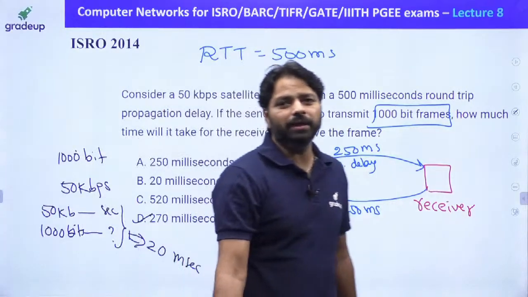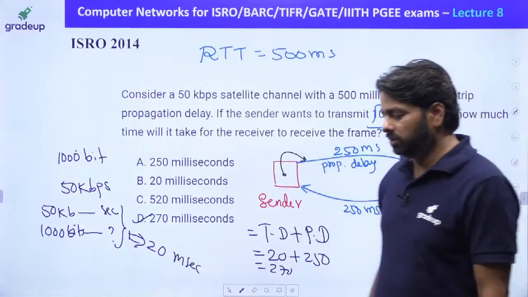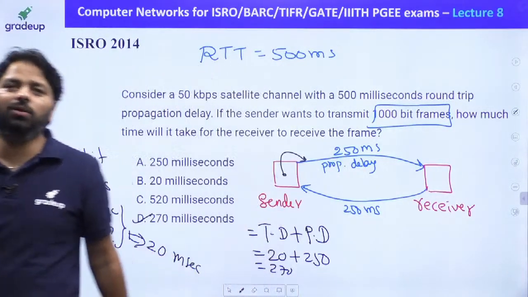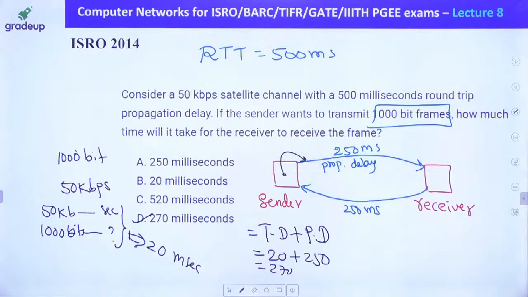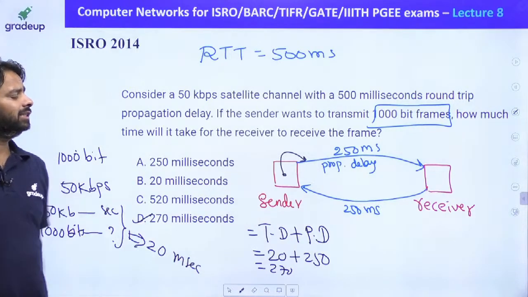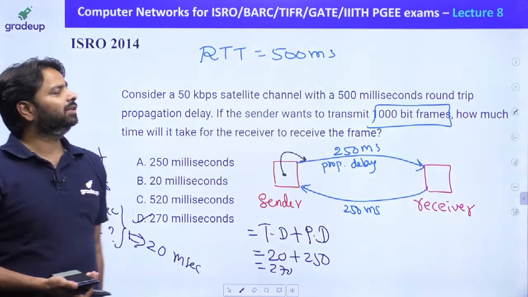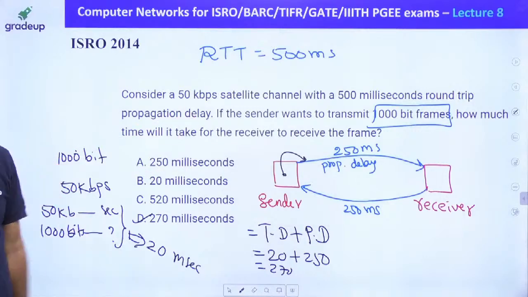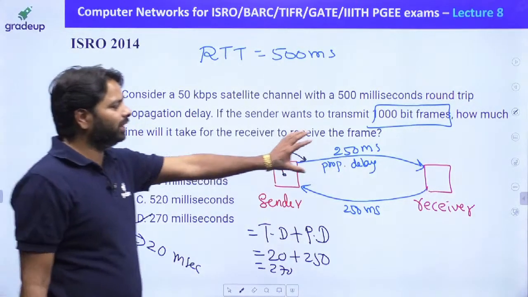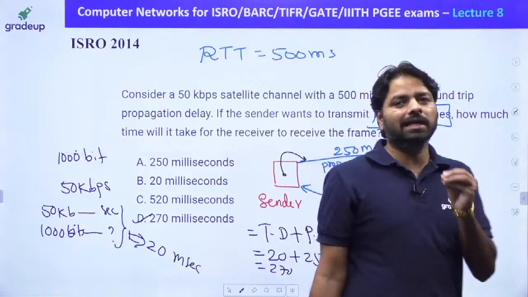What is 2 TP? Shanta, yeah, 2 propagation time, exactly, round trip time equal to that. So you need to calculate just transmission time, propagation delay already given. It's clearly mentioned that with 500 milliseconds round trip propagation delay, that was provided to you, you just need to calculate the transmission time.